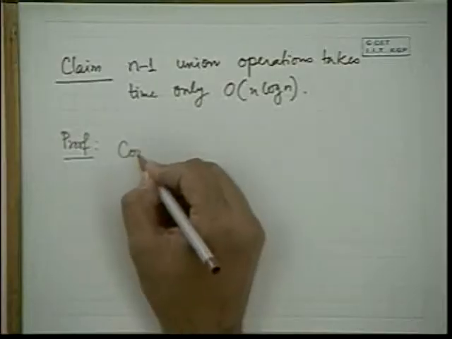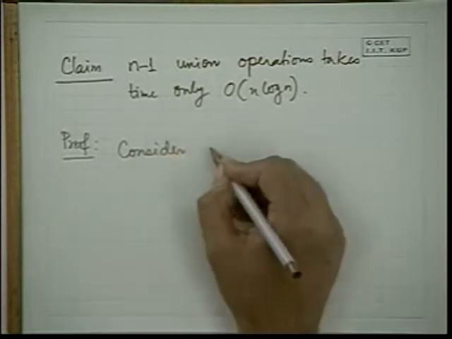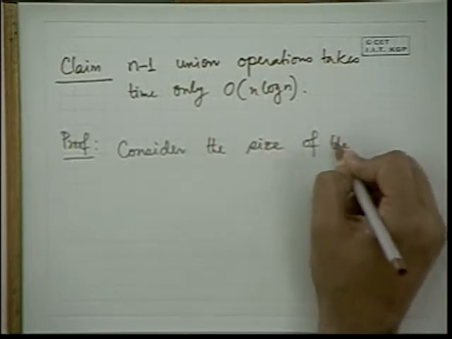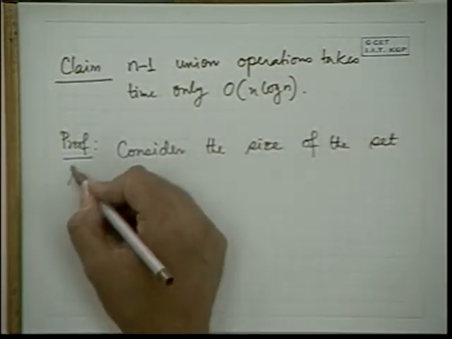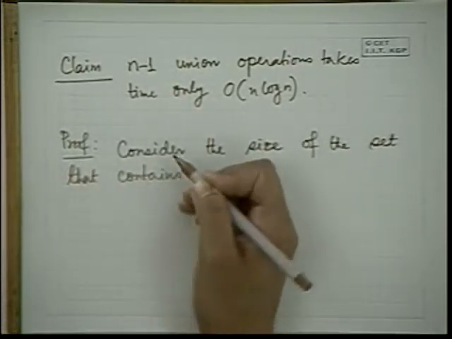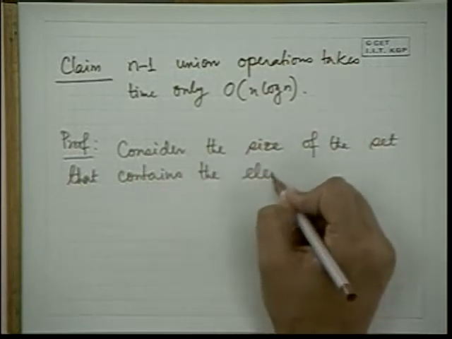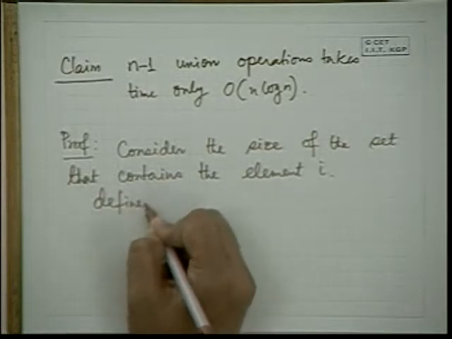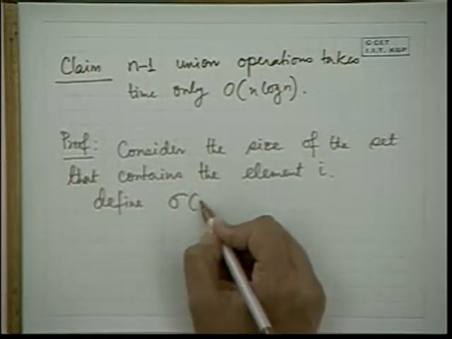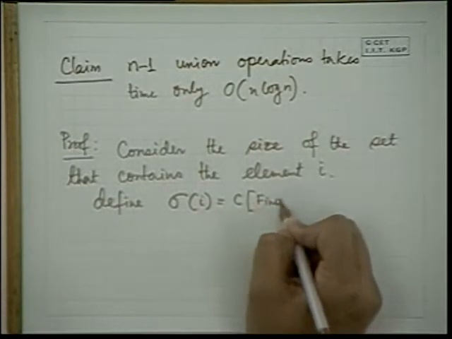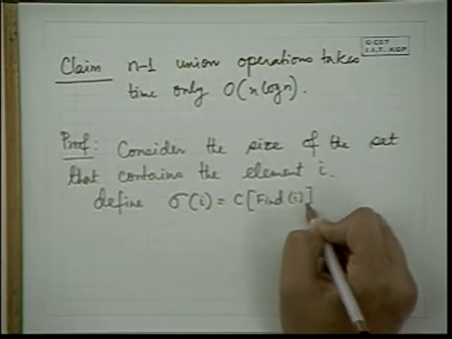So I am going to write it. Consider the size of the set that contains the element I. Define sigma of I equal to find I dot size.